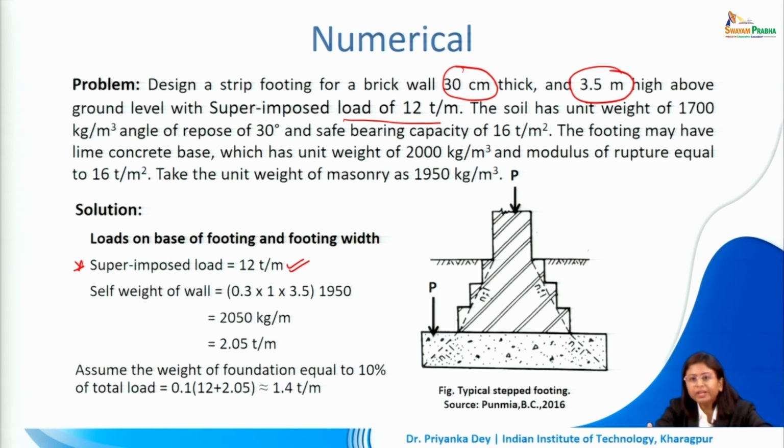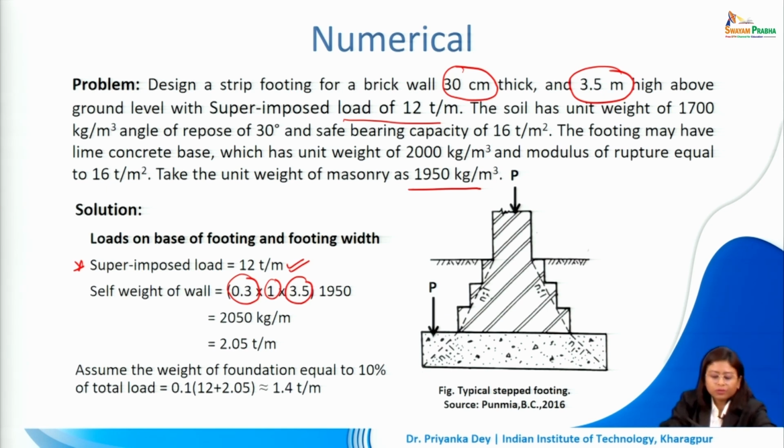So, for every 1 meter length of the wall, the size is going to be 0.3 into 1 into 3.5 if you are doing it in meters. And we know that the unit weight of the masonry is 1950 kg per meter cube. It is provided to us in our question. So, if we multiply all of them, we should be able to get the self weight of the wall per meter.